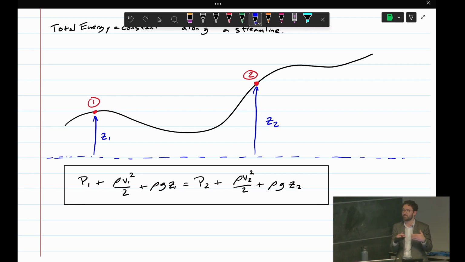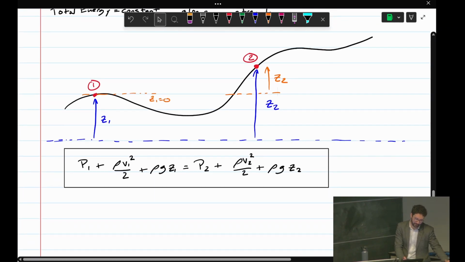It's about the difference in height between those 2 points. This is also the same. It's probably more common to say, if you know these variables at point 1, why not just set, say, Z1 equals 0? That means that Z2 will be this height, using, say, the orange definition. Whatever way you define it, it doesn't matter. The results are still the same.